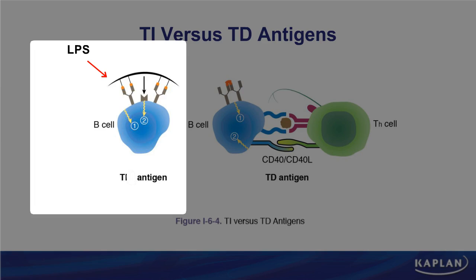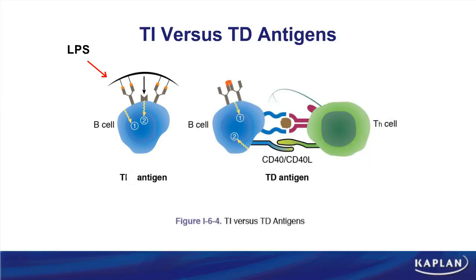Now, without the help of a T cell, the antibody isotype that a B cell can make is IgM. And that's going to be really important. That's actually going to be an important concept throughout a lot of the things that we're going to talk about, especially when we start to bring in some of the microbiology concepts as well. And I'll talk about that in just a little bit.